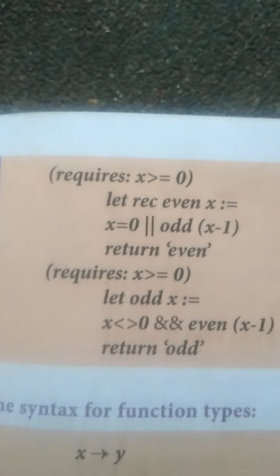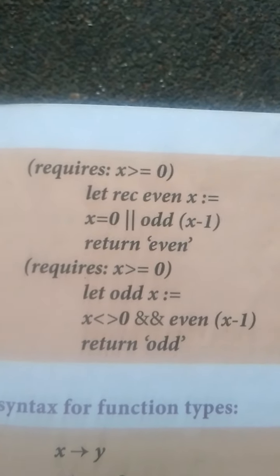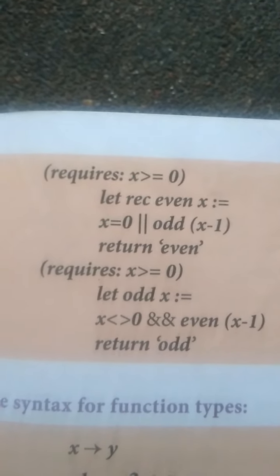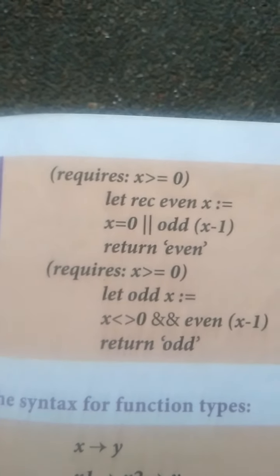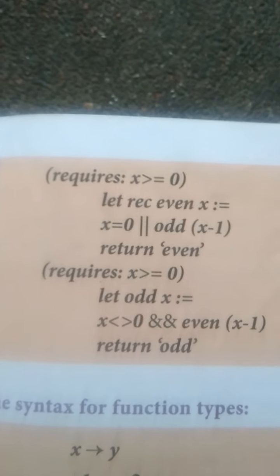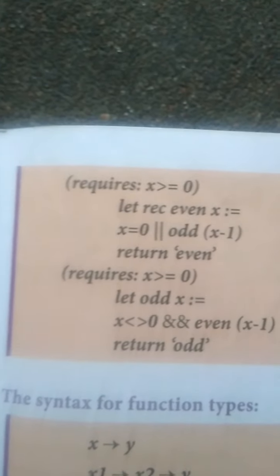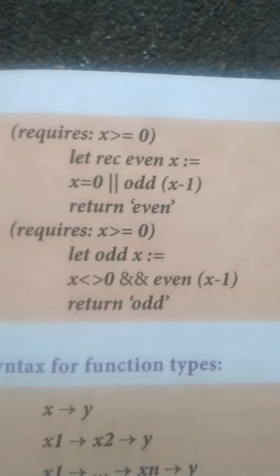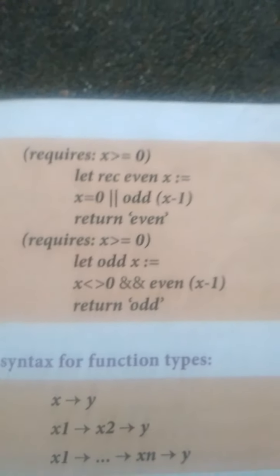Odd is another function name given below. So on that, x is not equal to 0 and even x minus 1. So it returns odd, and here it returns even. That's all. So this is the function coding for creating a recursive function.